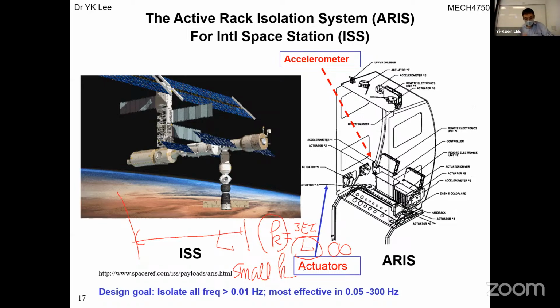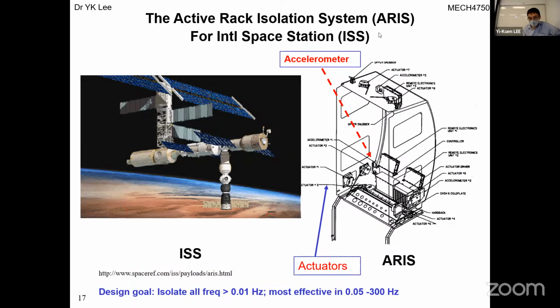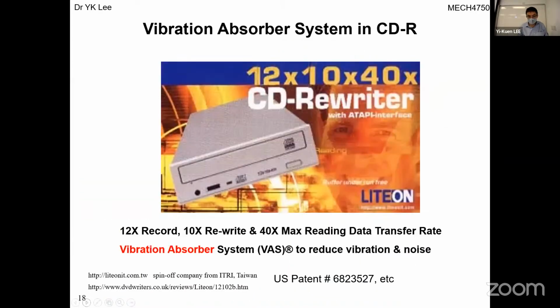That's why this shows the importance of vibration control system for the space station. You see, the goal for this particular RF system is to isolate frequencies larger than 0.01, and again you use this kind of piezoelectric actuator.